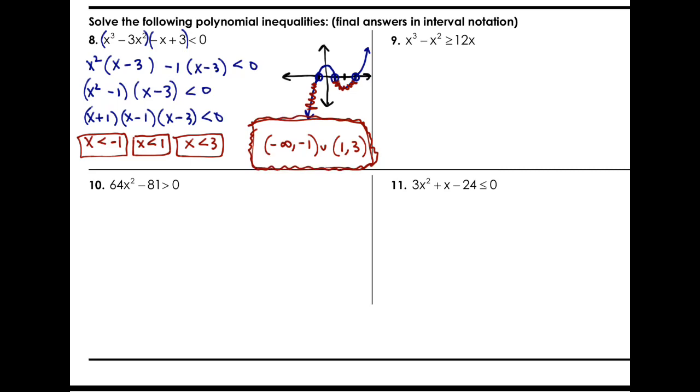All right, so first thing, we've got to get it in standard form. Let's do that. We're going to subtract 12x from both sides. That leaves us with x cubed minus x squared minus 12x is greater than or equal to 0.